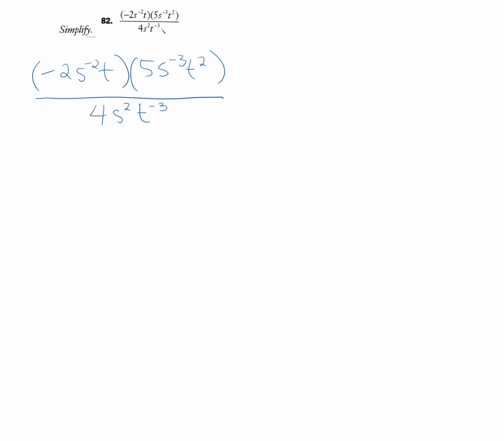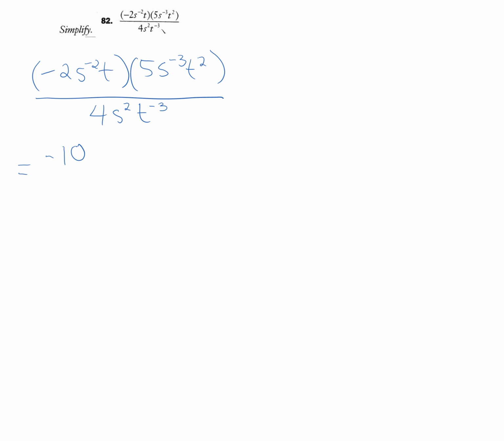Okay, so I'm going to start by multiplying the numbers I have on the top of my fraction. So that's going to be negative 2 times 5, which is negative 10. And now I'm going to look at my terms that have s as my base. So I know if I have the same base and I am multiplying it, that means I add my exponents.